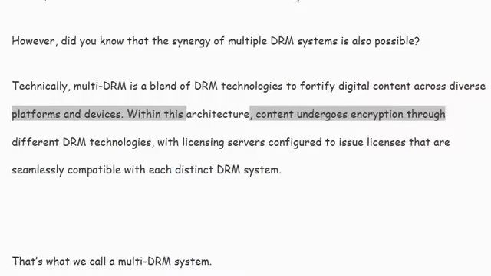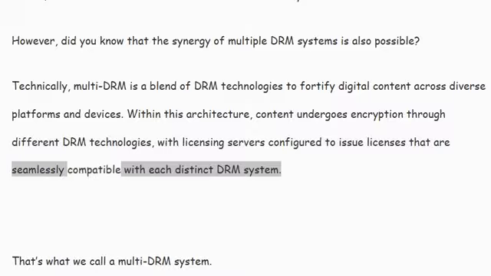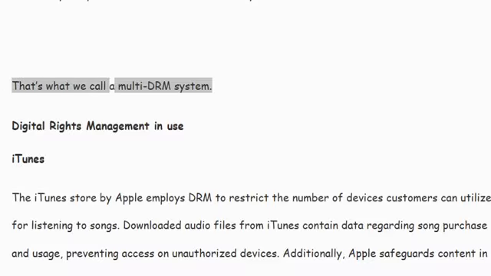Within this architecture, content undergoes encryption through different DRM technologies, with licensing servers configured to issue licenses that are seamlessly compatible with each distinct DRM system. That's what we call a multi-DRM system.